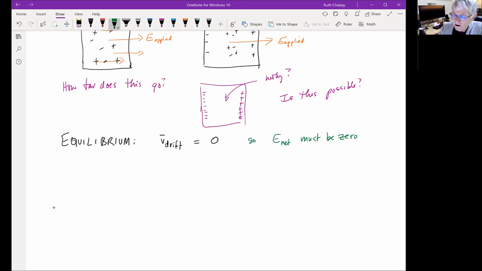So in our proof by contradiction, here's what we're going to do. We're going to assume the opposite of what we want to prove. We're going to assume that the net electric field is non-zero.